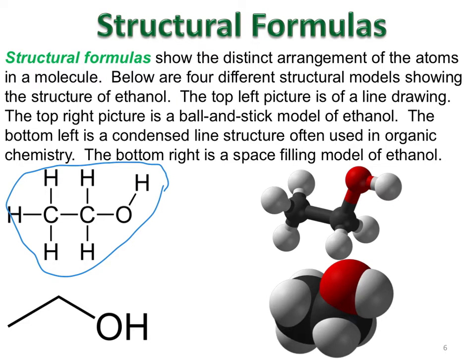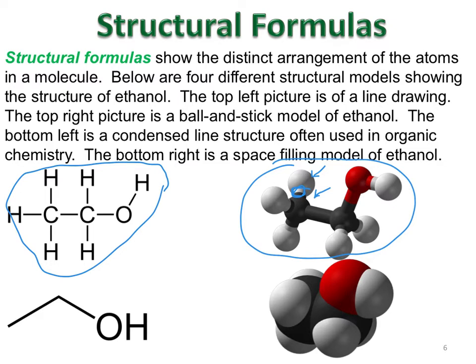Next to it, in the top right-hand corner, is a ball and stick model. In essence, each atom is represented by a ball, and it is connected to other atoms by a stick.